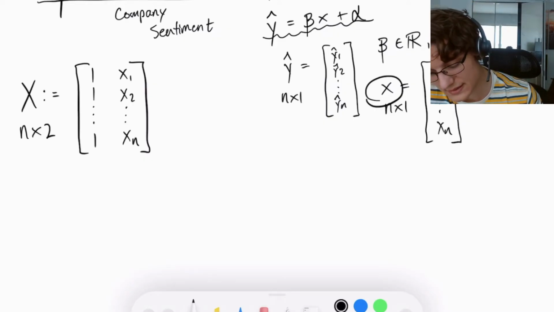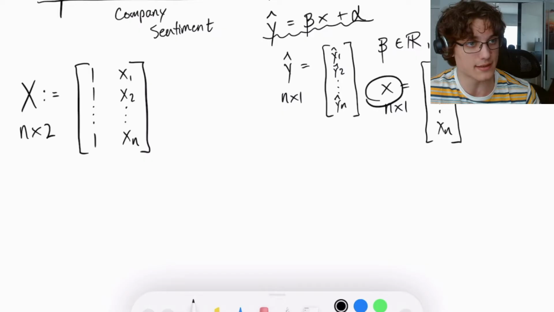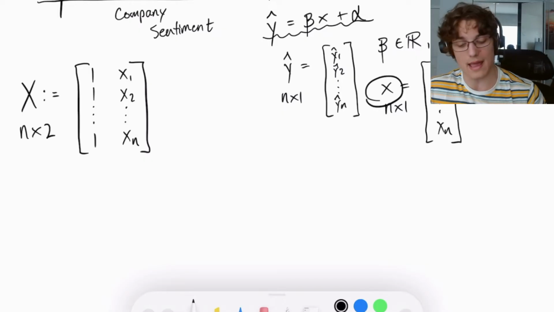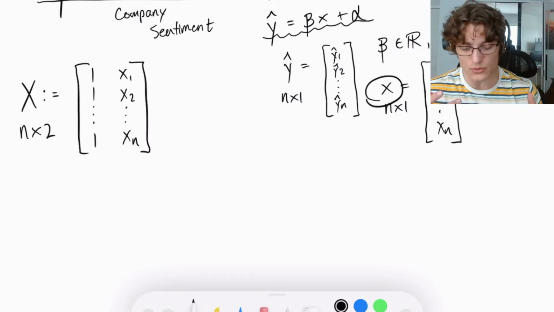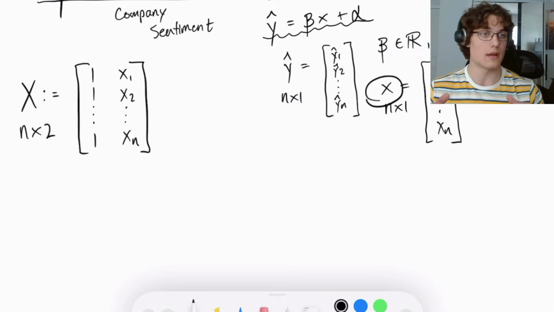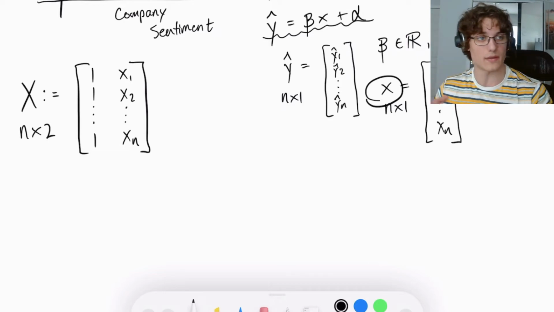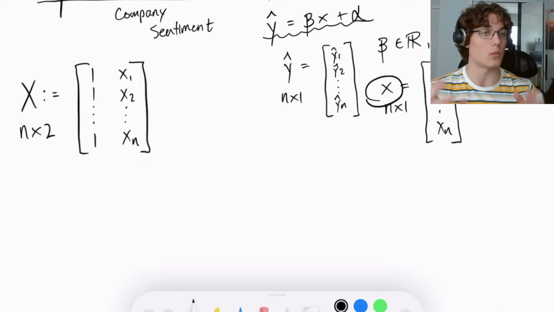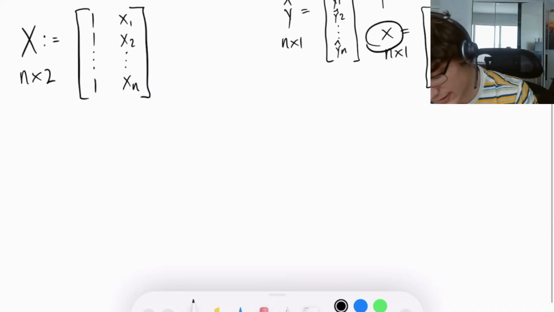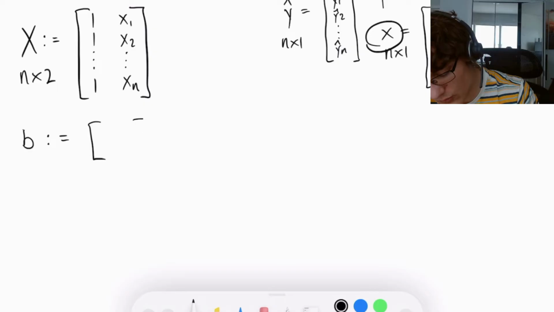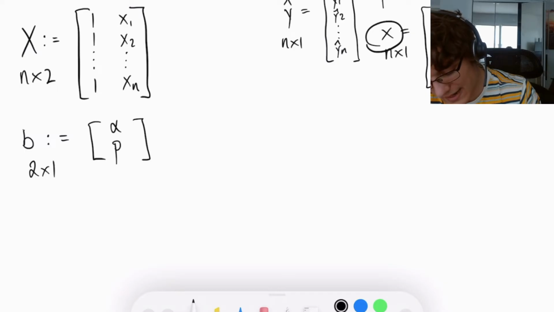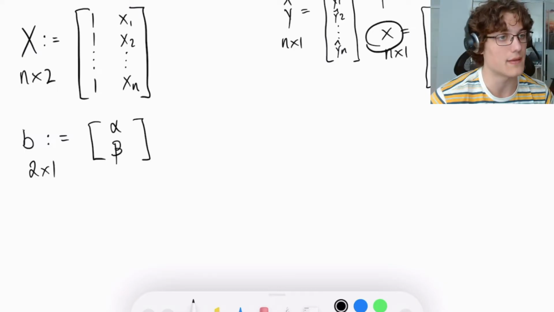So we have this data matrix X, and we also need to develop a matrix to compute the dot product of the beta and alpha values with this data matrix to find our y hats. So we are going to say lowercase b is going to be defined as a 2 by 1 vector, and we are going to have alpha and beta contained in this vector.